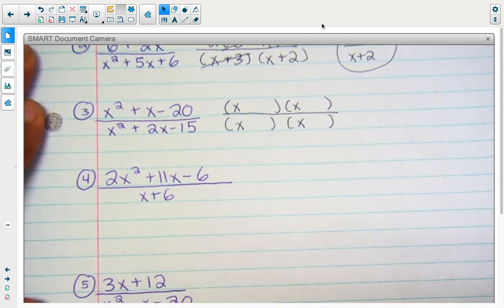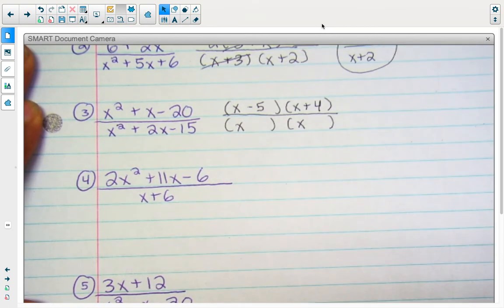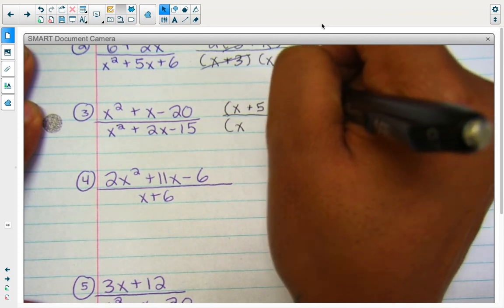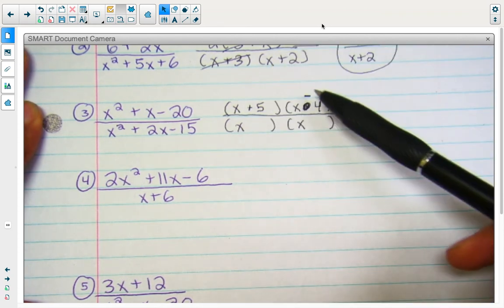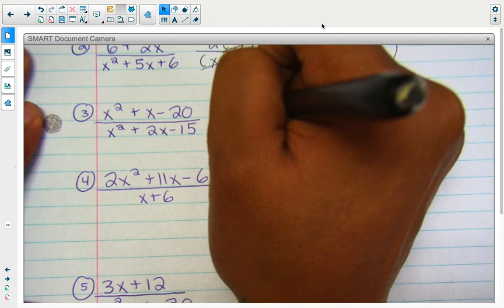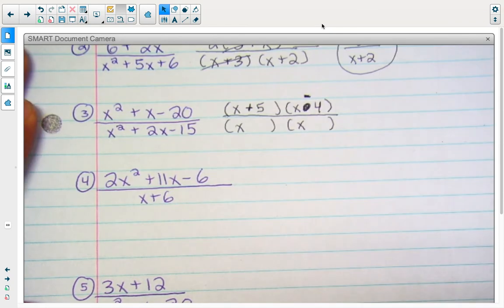So that should be negative 5 and positive 4. And I actually need to flip my sign, so positive 5 and negative 4. So positive 5 times negative 4 gives me negative 20. And then when I add these together, it gives me positive 1 in the center. So again, this is a positive 5 and a negative 4. So be careful with your signs there.